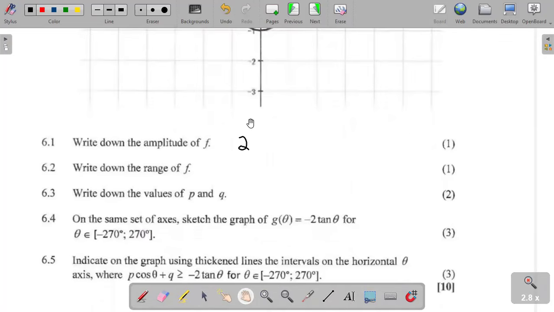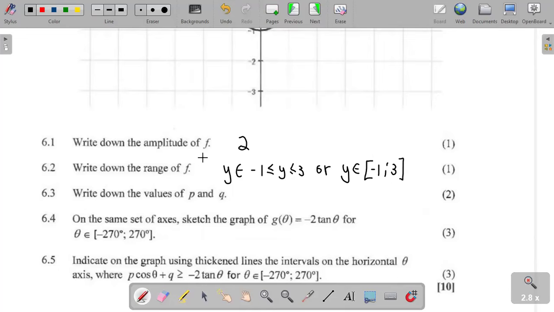So you can say y is an element of -1 until 3, or you can say y is an element of -1 until 3. That's how it's going to happen.